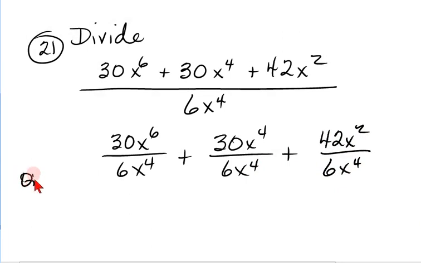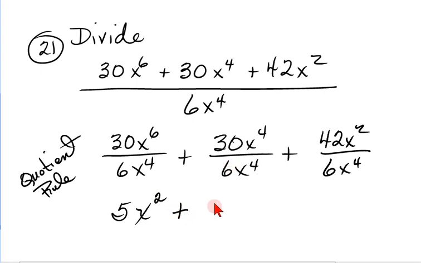I'm going to use the quotient rule 3 times. For the first one, what's 30 divided by 6? 5. X to the 2nd, because I took 6 minus 4. So I used the quotient rule and subtracted. Plus, 30 divided by 6 is 5.